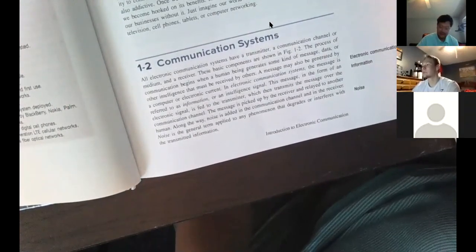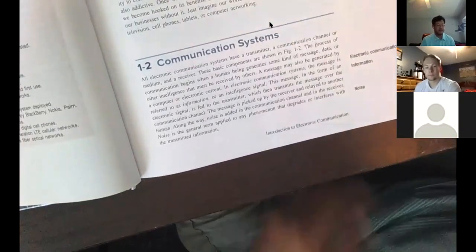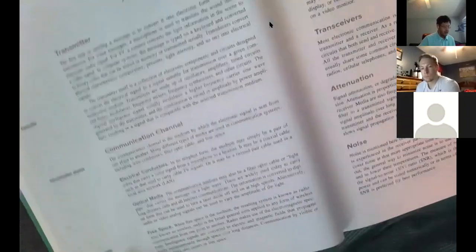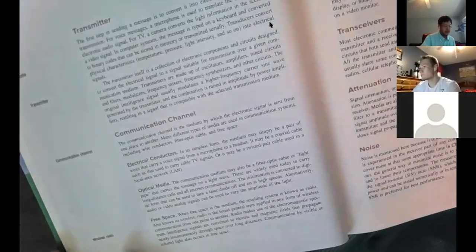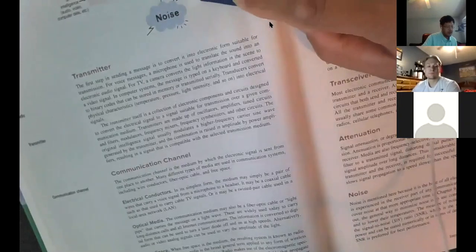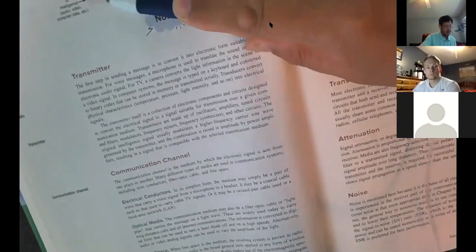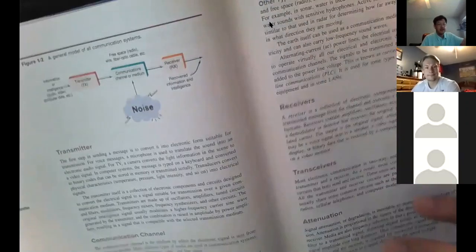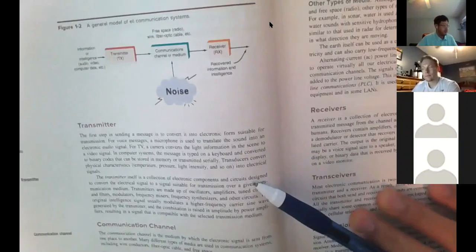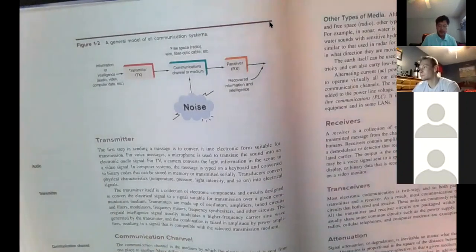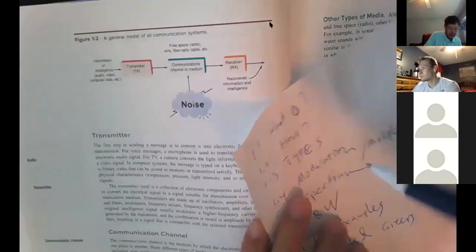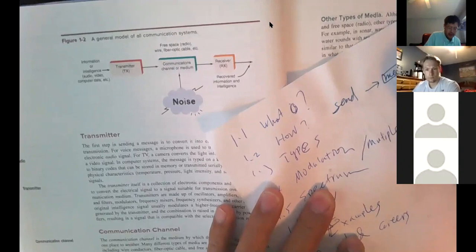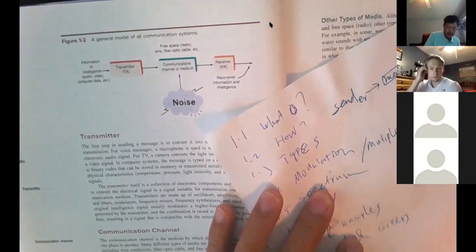Second topic, how do we build those machines? Well, let me give you an idea. This is a transmitter and a receiver. This is the machine we're going to build or study. This is the big picture. We will have a sender, we have a media, and then we have a receiver.